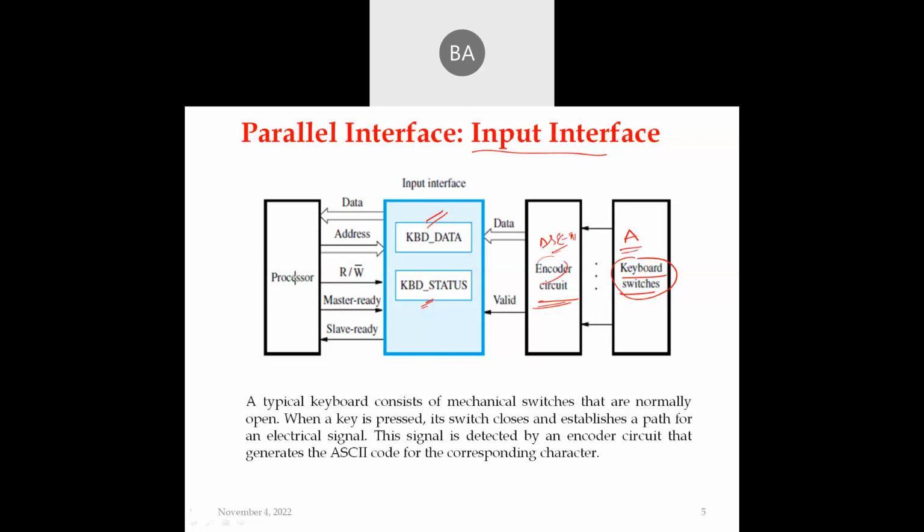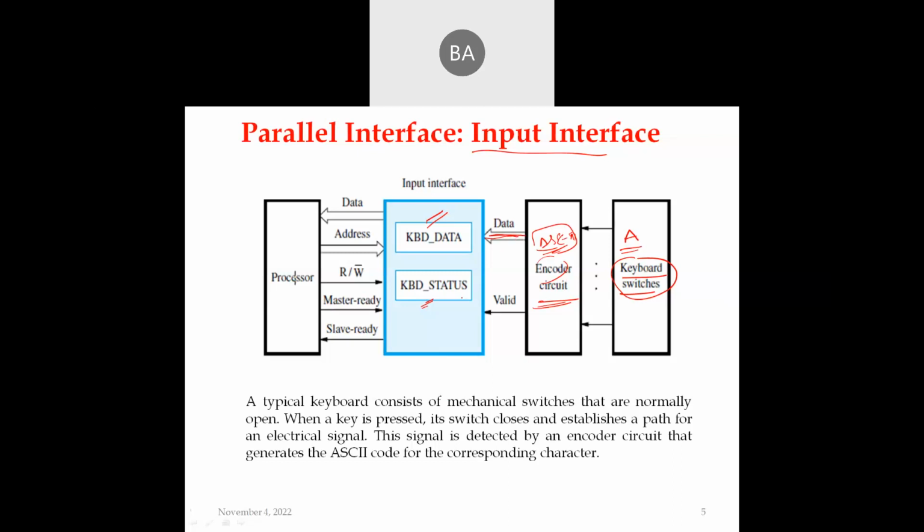When you press a key, the switch closes and establishes a path for an electrical signal. The signal is detected by the encoder circuit, which generates the ASCII code for the corresponding character. Whatever key we press, its ASCII code is generated and stored in the KBD_DATA register, connected to the data bus.